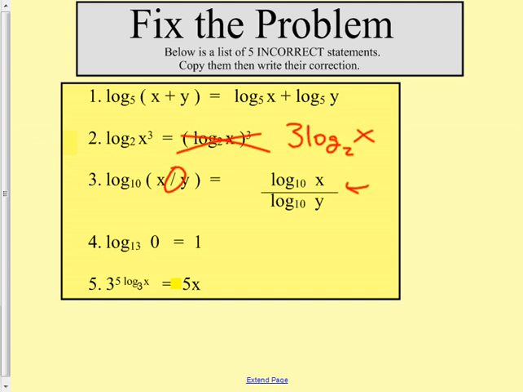All right. If I was going to just tweak their answer a little bit, do you get that I could say that would be true? Think of it as a base change.